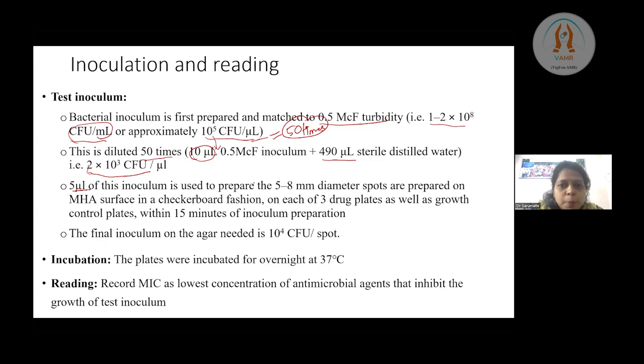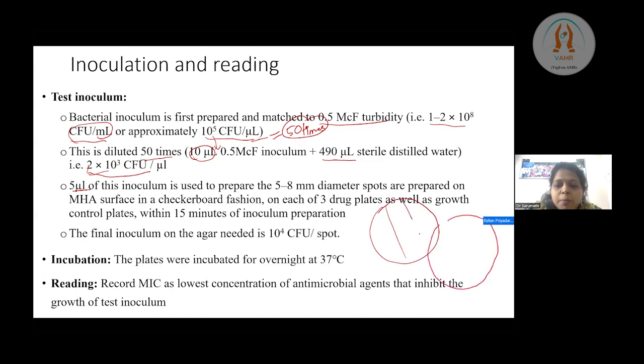Usually a pipette is recommended. You can aspirate 5 microliter from this concentration, 2 × 10^3 colony forming units, with the help of a pipette, and you can make a spot of 5 to 8 millimeter. This is the plate.